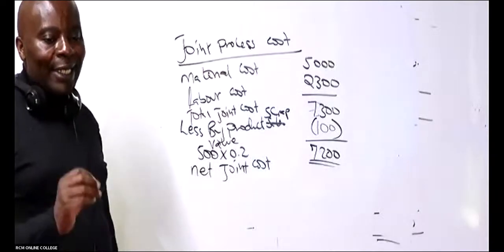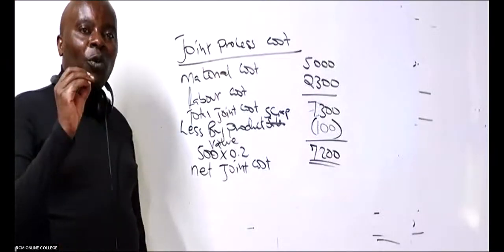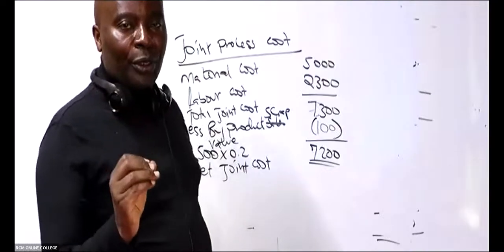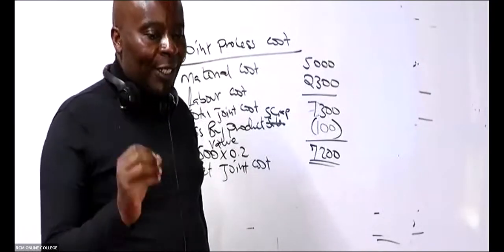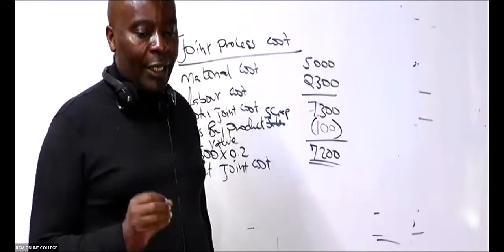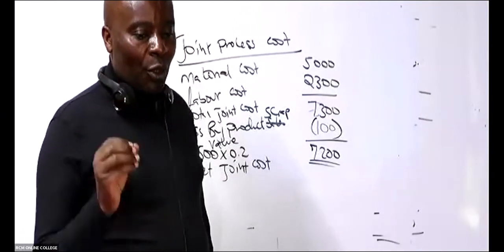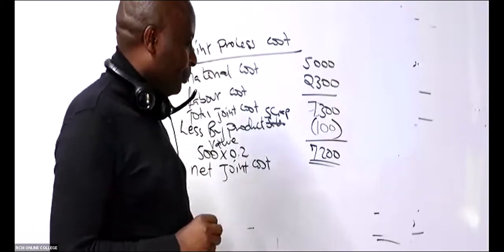So now these net joint costs are the ones that are supposed to be apportioned. And remember here, the examiner wants us to use physical units to apportion this.